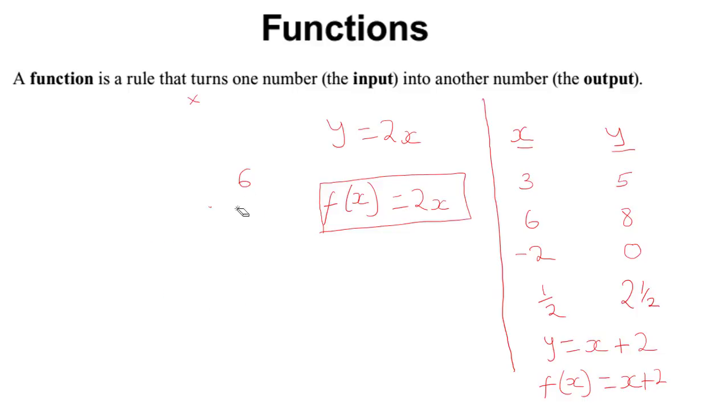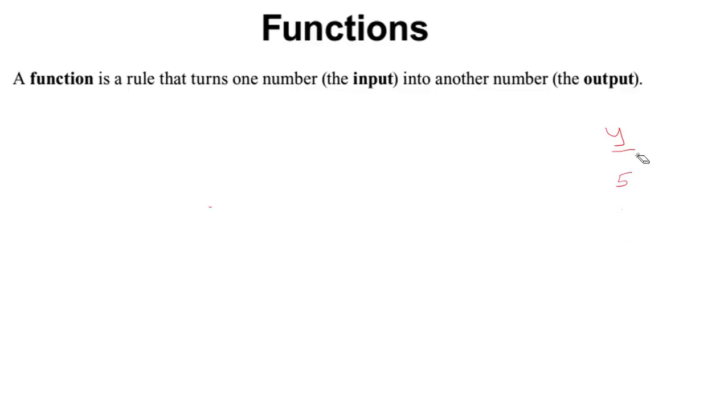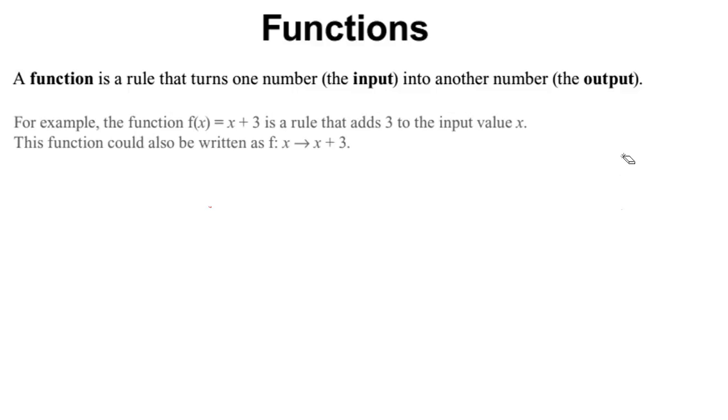You could also have functions that will square the input, giving square numbers. Or you could also have functions that will cube the input for you, giving you cube numbers. Okay. Right, so that's just a basic introduction. I've got here f of x equals x add 3.